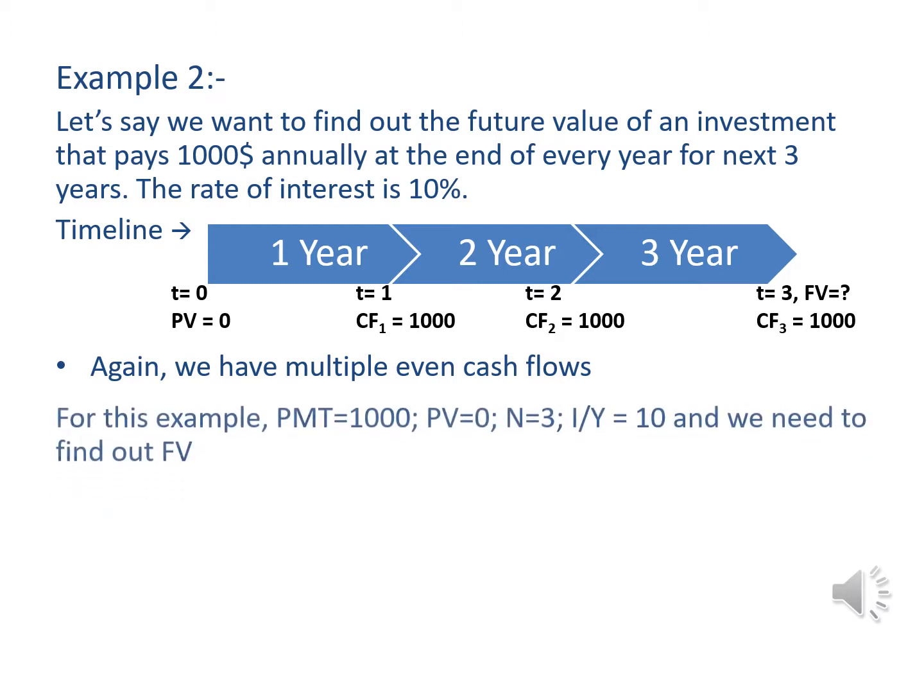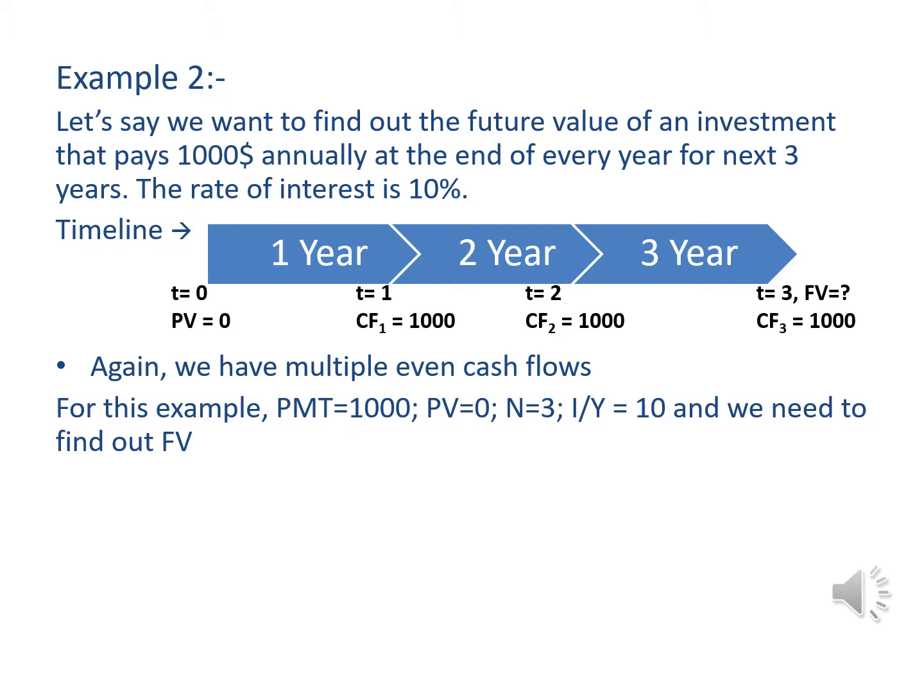Now, for this example, PMT is 1000, PV is 0 as we want to find the future value of the entire stream of payments. N is 3 and I/Y is 10. We need to find the future value or FV.